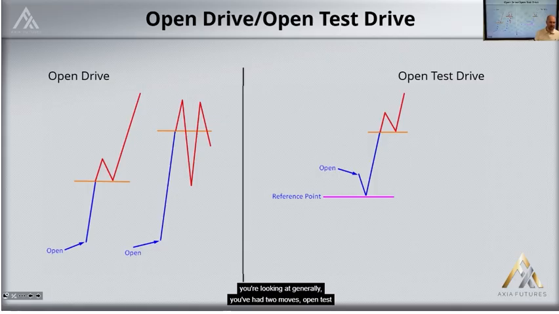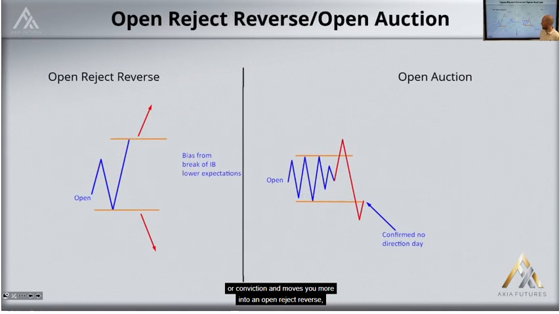But generally, you've had two moves, open, test, drive, and that is all. What you don't want to be seeing is multiple movements here, because that then changes the directional conviction and moves you more into an open, reject, reverse, which is where you get an open, test, drive, reverse, essentially. So we open, we reject one way, we go back, and then we reverse.